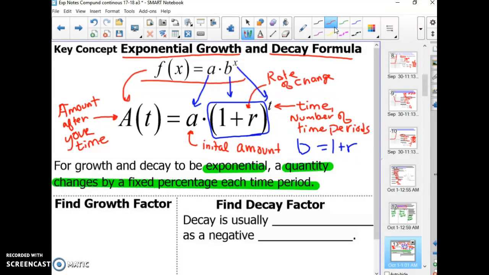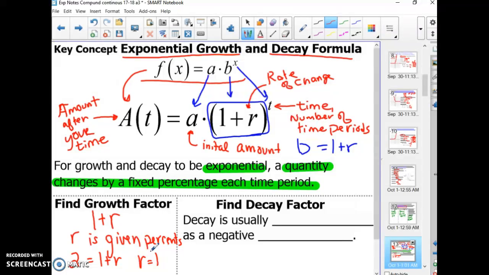When you're talking about the growth factor, your growth factor is 1 plus r, right? r is generally given as a percent. Sometimes it is not. So if I had a value of 2, I get 1 plus r, so r is equal to 1 when I solve that, and it's increasing by 100%.